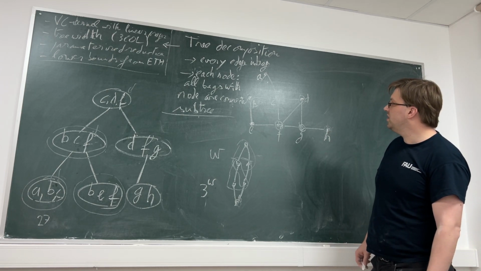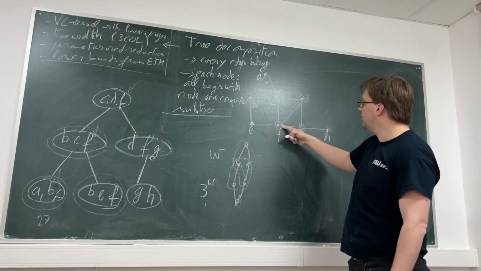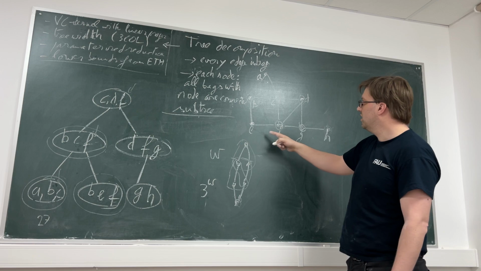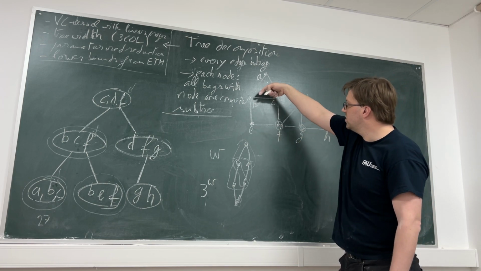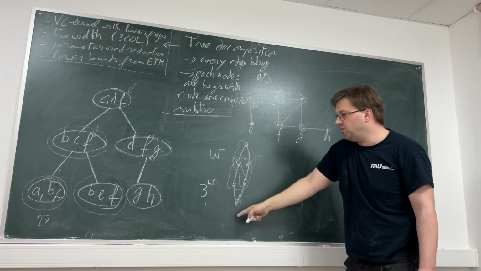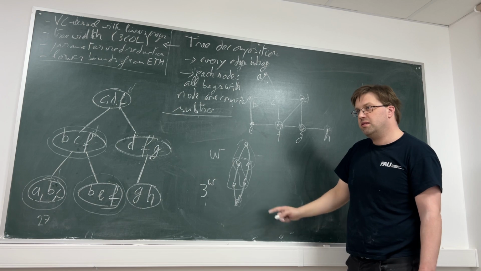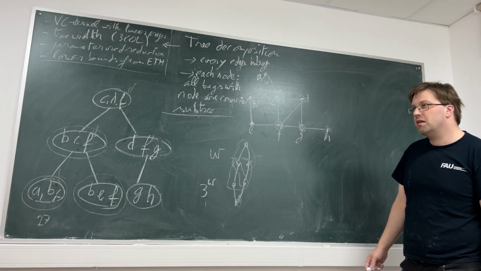So CDF, usually they're connected in this example. CDF is a clique, but EFB, between B and F there is no edge. And it's unavoidable if you think about the cycle. It doesn't matter.